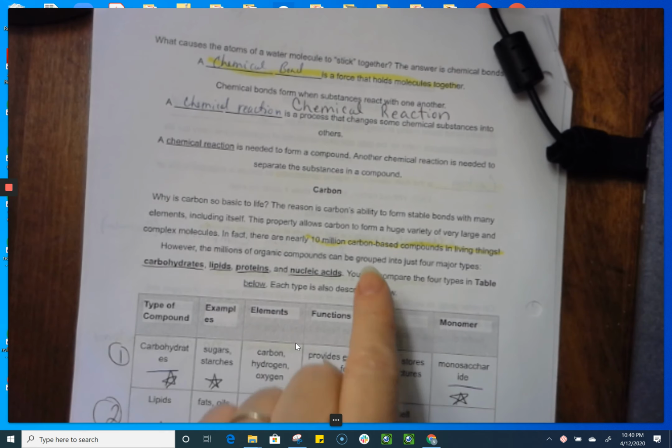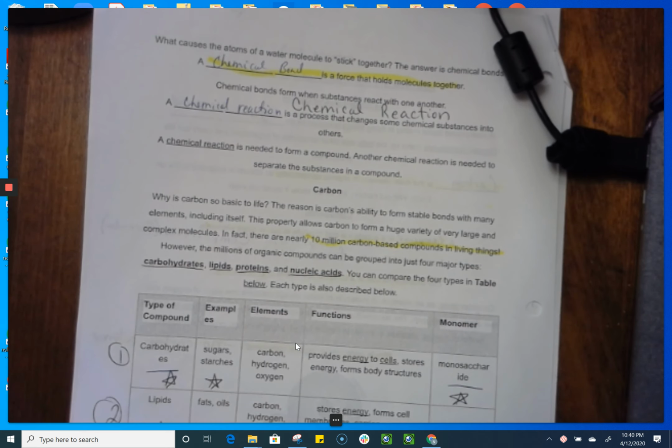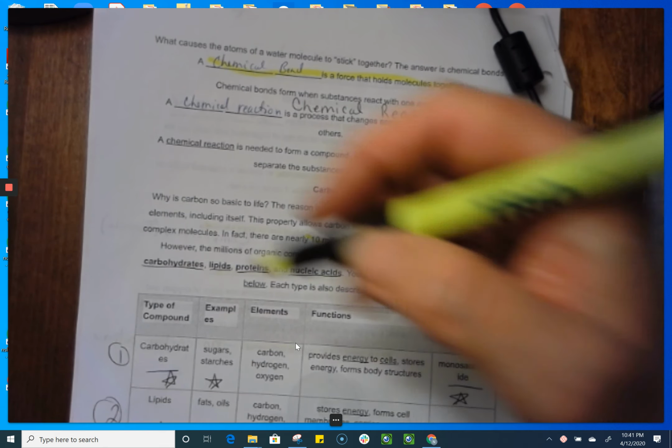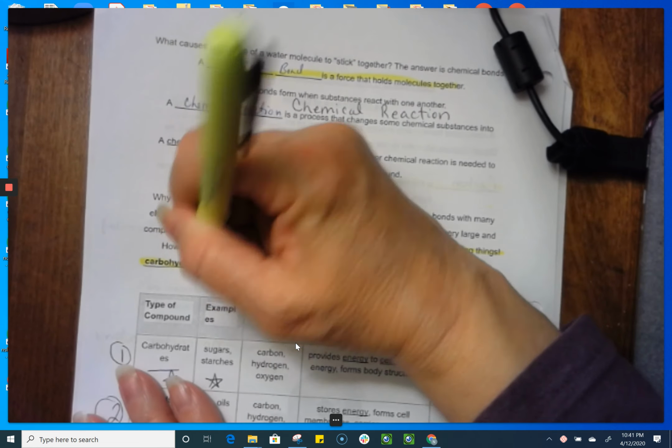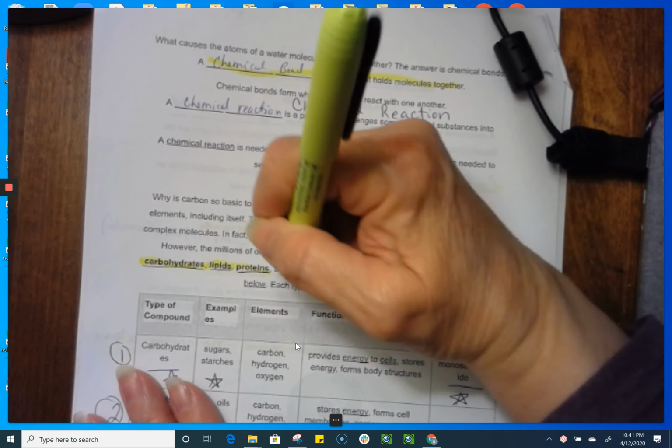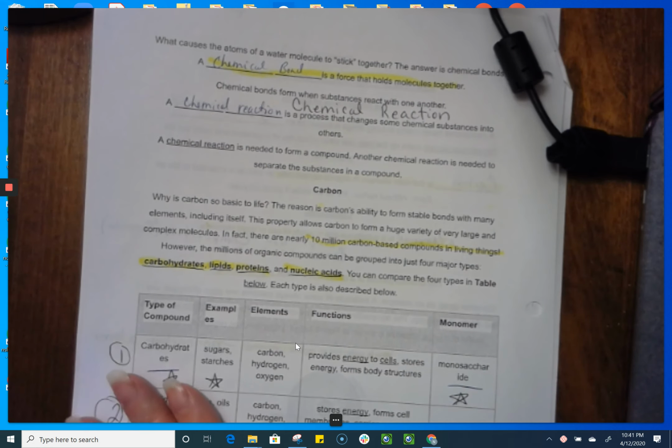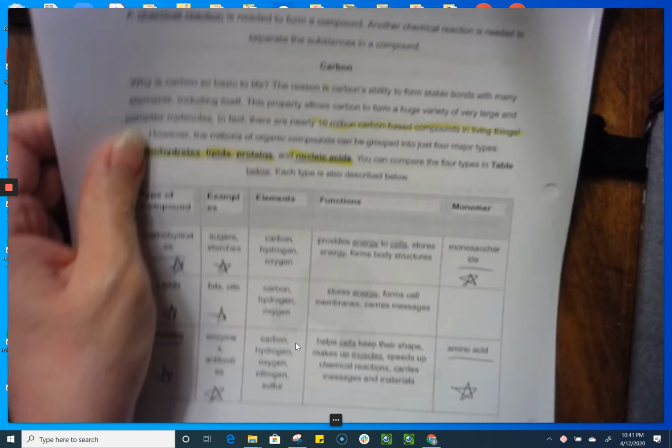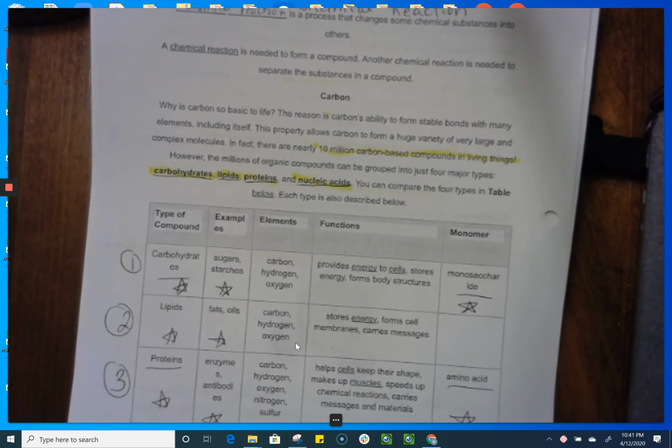That's not a test question, but that's kind of an amazing thing. However, the millions of organic compounds can be grouped into just 4 major types. And that's what your next handout is about: carbohydrates, lipids, proteins, and nucleic acids. So, and this table does a pretty good job of comparing them.